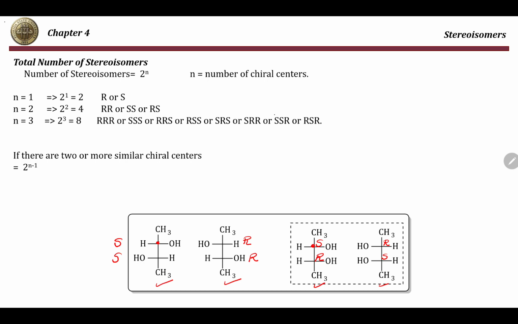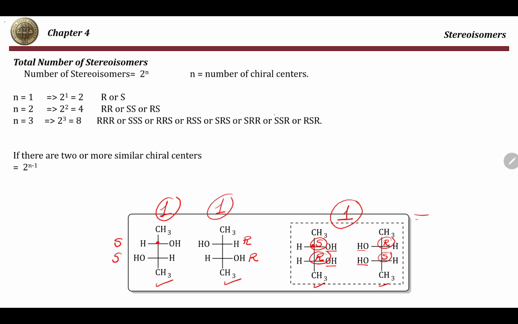However, pay attention, since those 2 chiral centers are holding the same groups, those 2 compounds are actually considered as one compound. Why? Because this compound has 1 chiral center with S absolute configuration, and this has 1 S absolute configuration. This is R and this is R. So those 2 are actually considered as one compound, and then we have 1 here and 1 here.